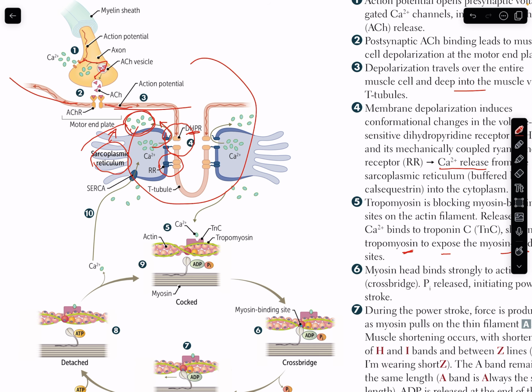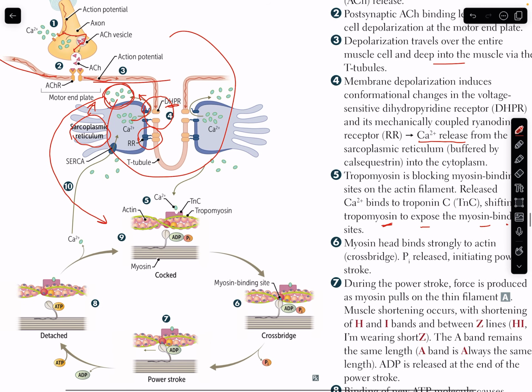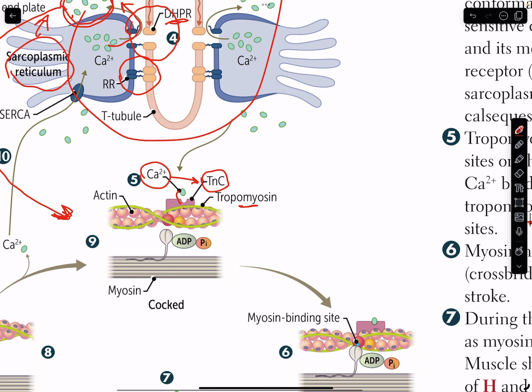Because this calcium will go to the muscle filaments. The calcium will bind to troponin C. This is the receptor that it will bind with, and when it binds to troponin C, it will shift tropomyosin, as tropomyosin is blocking the myosin binding site on the actin filament.